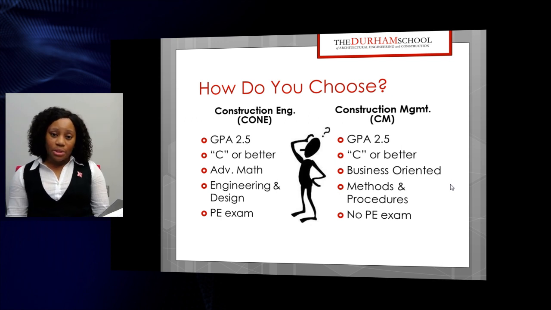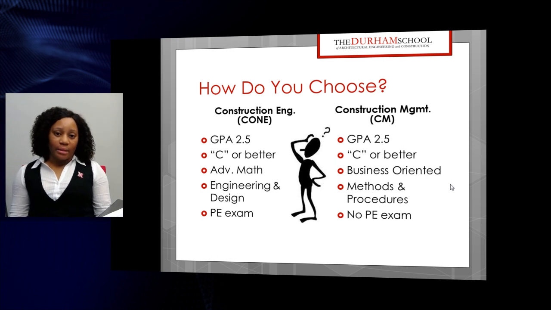However, for construction engineering, you have to take advanced math courses like calculus 1, 2, and 3, differential equations, probability and statistics. You also have those engineering courses and design courses, which differ from the management program. Management is mostly business oriented, so you learn a lot about methods and procedures and planning and scheduling.